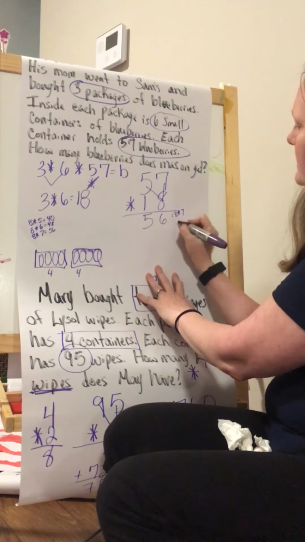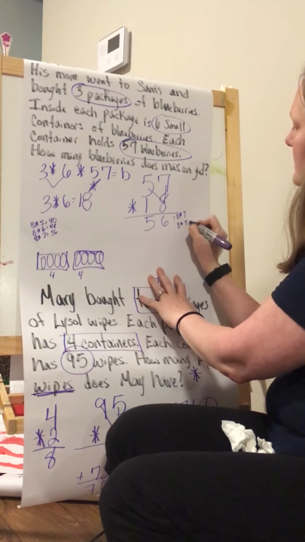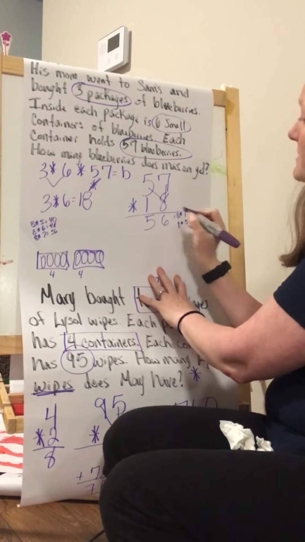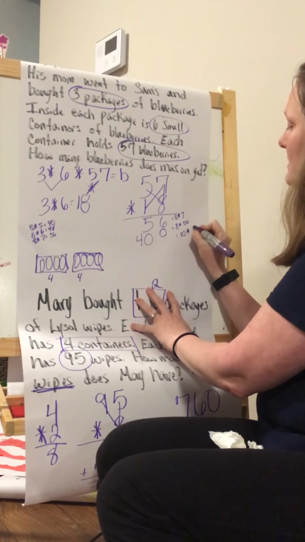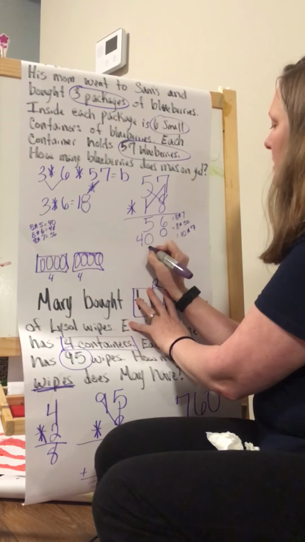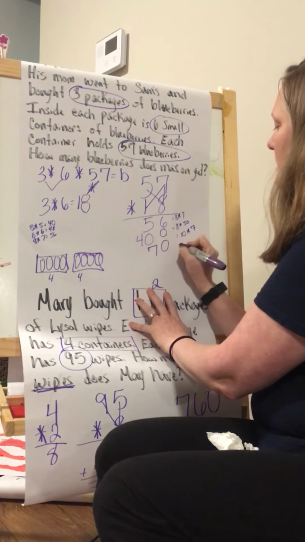We're going to take our 8 and do 8 times 5, but that's not a 5 because it's in the tens place, it's 50. So I have a place value holder of 0, and 8 times 5 is 40. Then we're going to use our 1, but it's not really 1 because it's in the tens place, and do 10 times 7, which is 70.